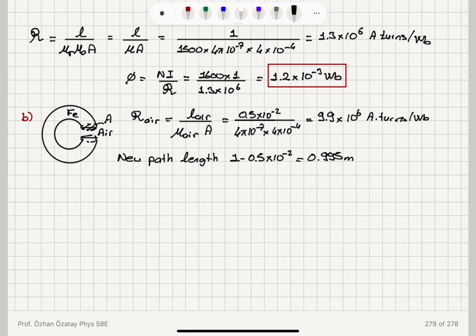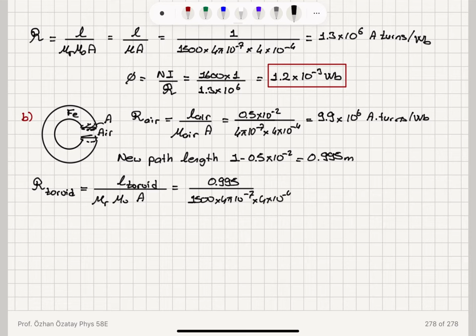So we can calculate the reluctance of the toroid now, the modified reluctance, using the new path length. It's the path length in the toroid, L toroid, divided by mu sub r, mu 0, times the cross-sectional area A. The new path length is 0.995 meters divided by 1500 times 4 pi times 10 to the minus 7 times 4 times 10 to the minus 4 meters squared.